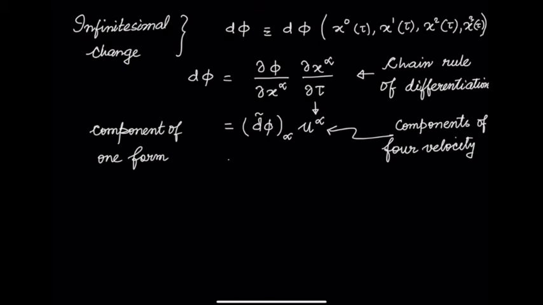In fact, you can verify this just by writing it down. I write del phi del x alpha. Let's see that I can write it this way. I put this component of the one-form by force, and inside it I need a vector, which is the velocity 4-vector.